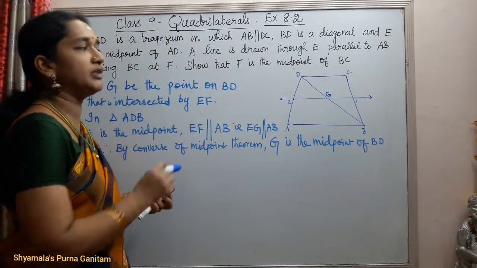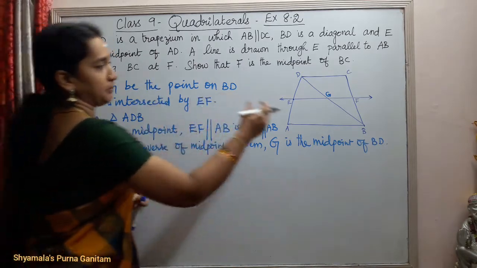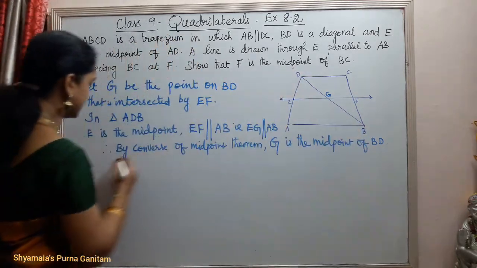So now we have shown that G is the midpoint of BD. The same way we will take the other side of the trapezium, that is, triangle BDC.